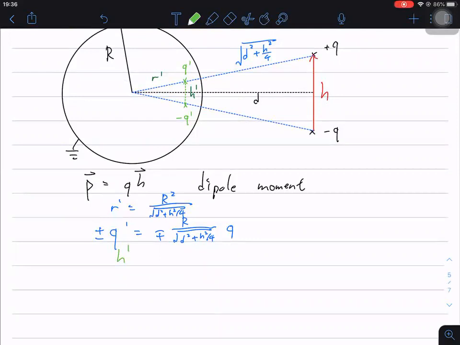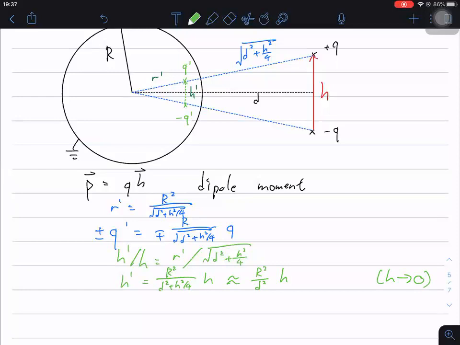By similar triangles, h prime over h equals R prime over the distance between Q and the center of the sphere. So we now have h prime equals R squared over (d squared plus h squared over 4) times h, which is roughly R squared over d squared times h if we consider very small h.